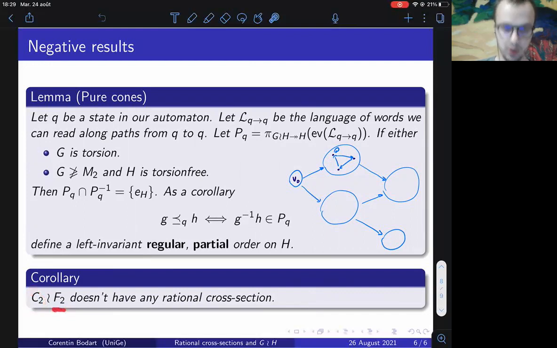So here, even though F2 is left orderable, there isn't any regular total order on F2. Even better, if you give me a finite number of regular partial orders on H, then I can find some large subset of F2 which is an untied chain with respect to any of those orders.